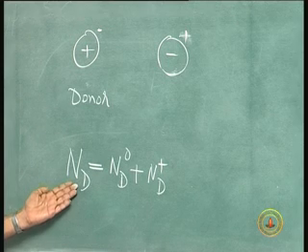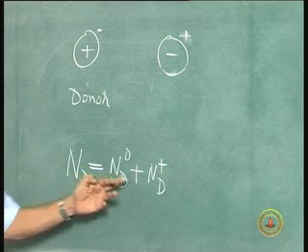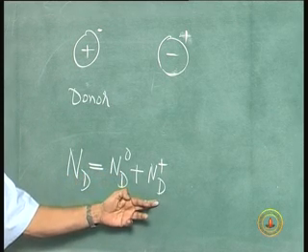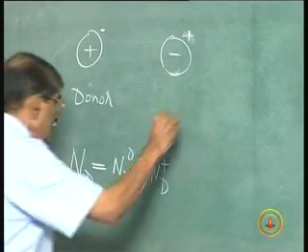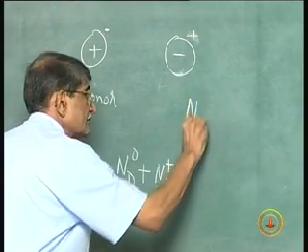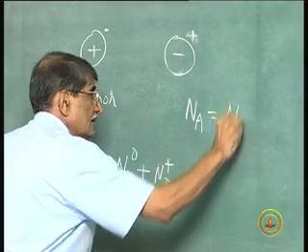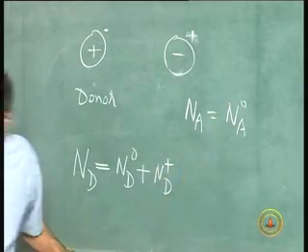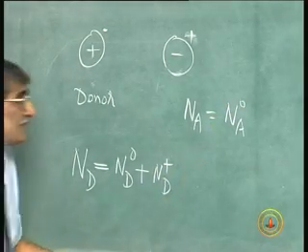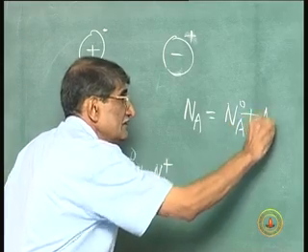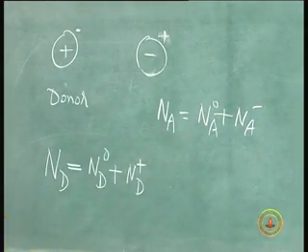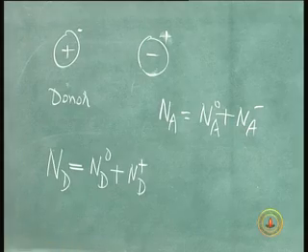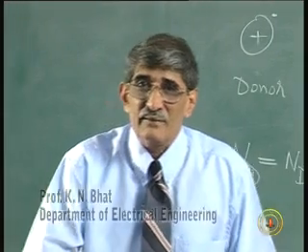This is 0 charge, occupied, not occupied. And the acceptor state can be written as neutral, okay, and if it is occupied, minus.